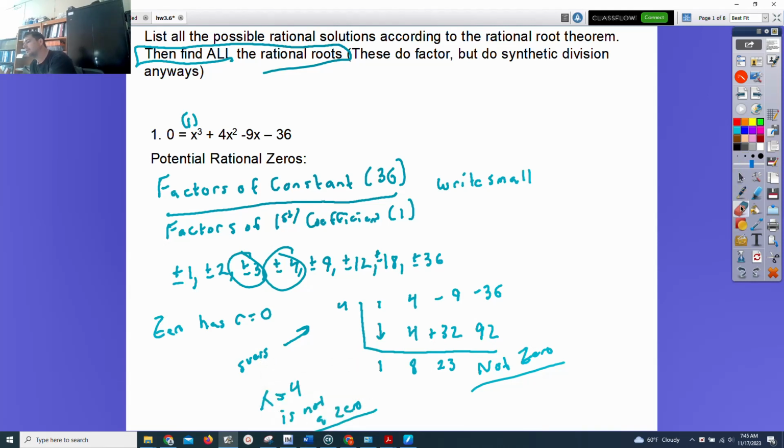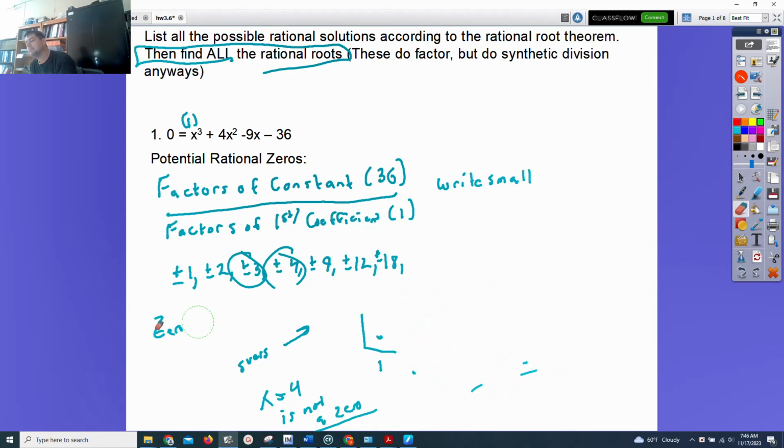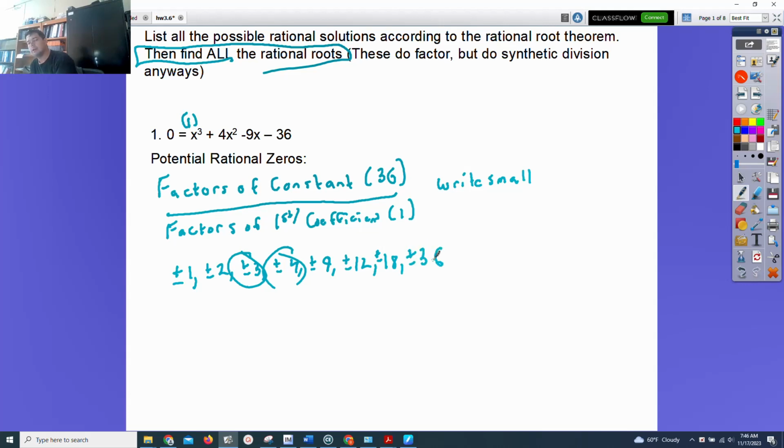Now, these do factor, so you may not need to guess. I paused for a second or two, and I was factoring it in my head. I know that plus or minus 3 are going to work because I know how this thing factors.